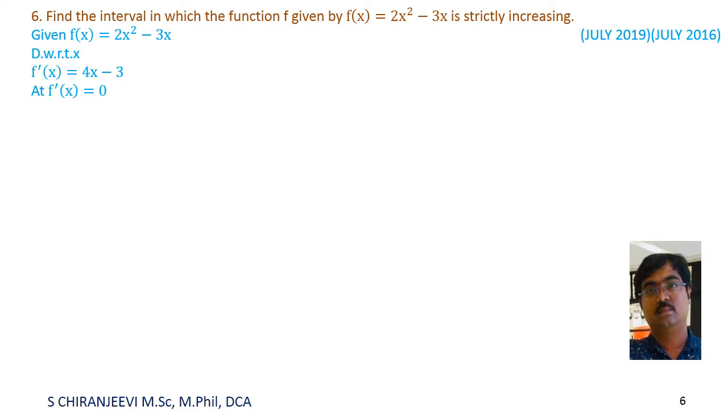Now f dash of x equal to 0, so 4x minus 3 equal to 0, so x equal to 3 by 4. So now taking a number line, it will be minus infinity to plus infinity. The value is 3 by 4. So the intervals will be minus infinity comma 3 by 4 and 3 by 4 comma infinity.